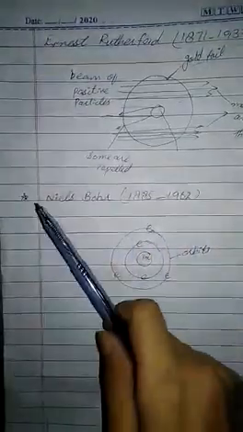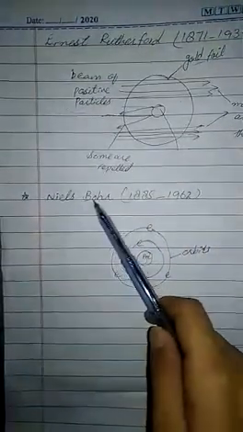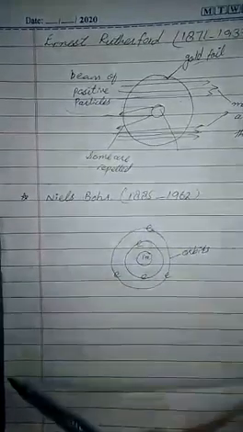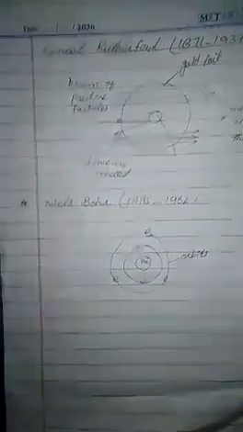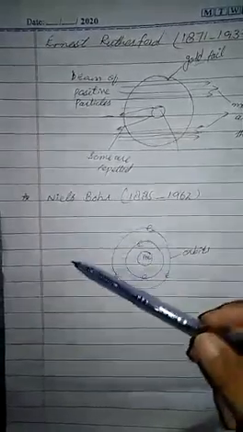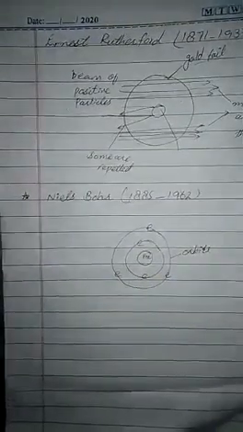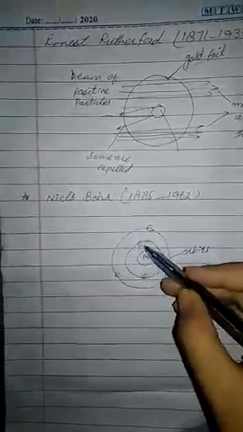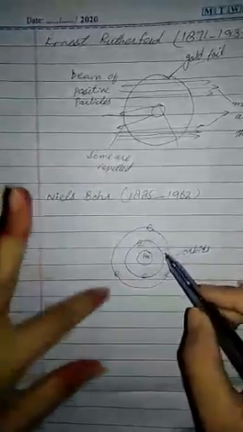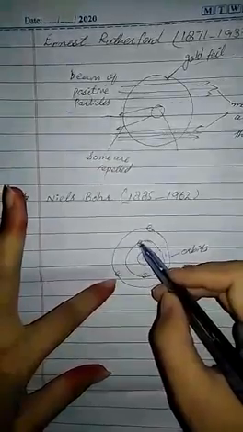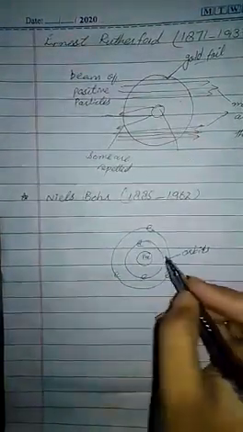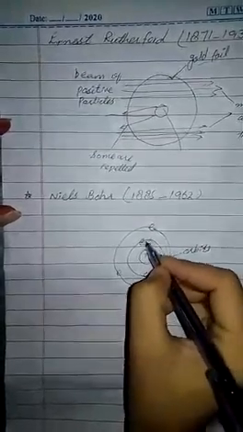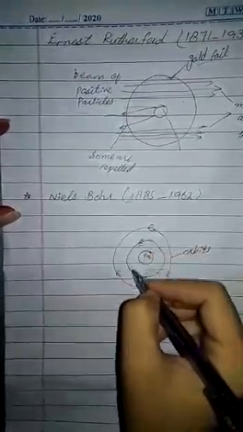Next scientist is Niels Bohr. He worked from 1885 to 1962. He worked with Rutherford. He said that electrons present in the atom move in orbits. Students, this is the nucleus, and around the nucleus some orbits are present.